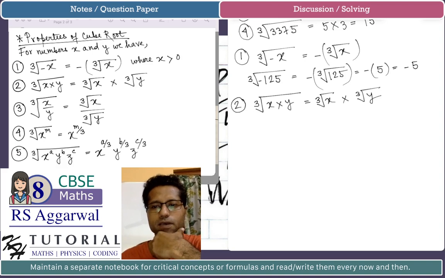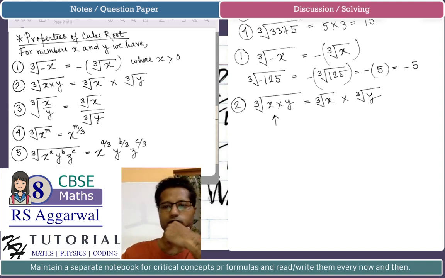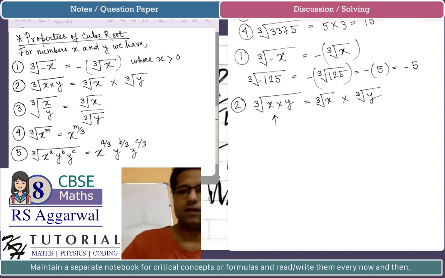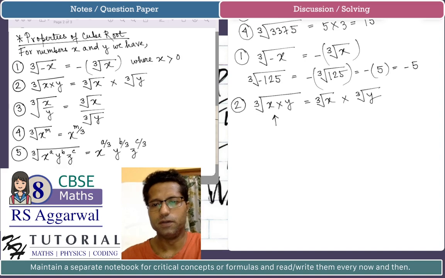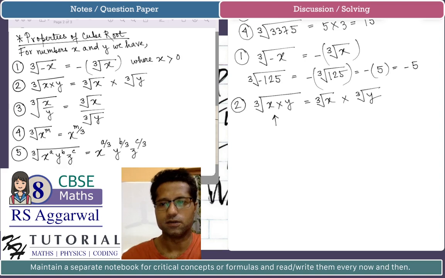Sometimes you will be given the left hand side form, and for convenience you will need to express it as the right hand side expression.